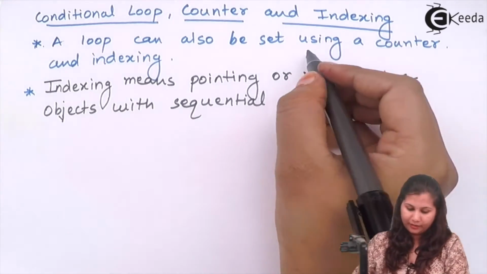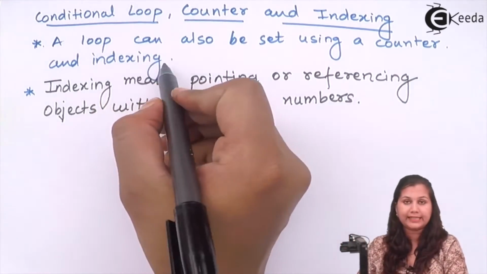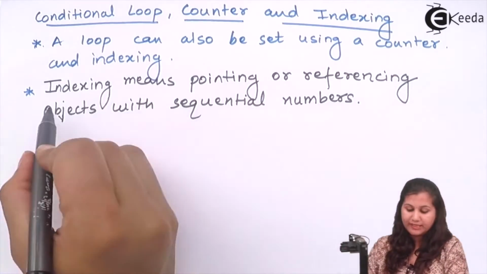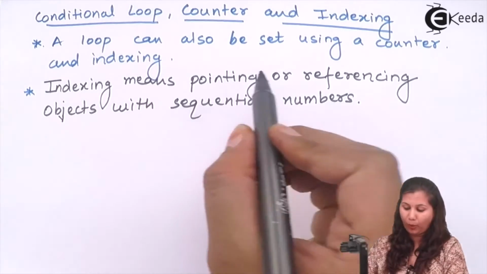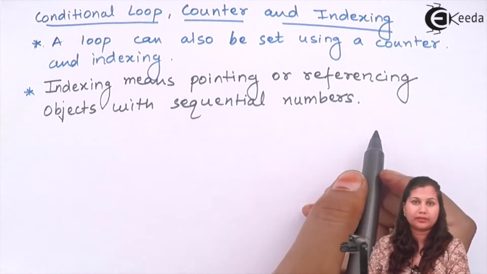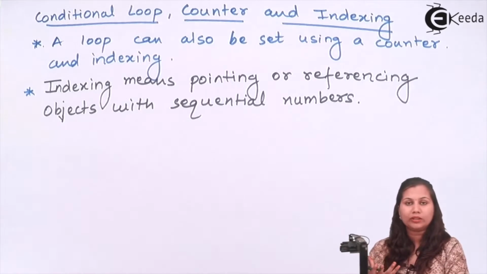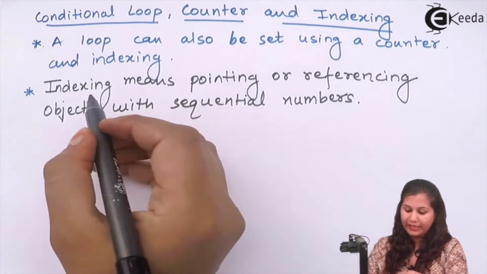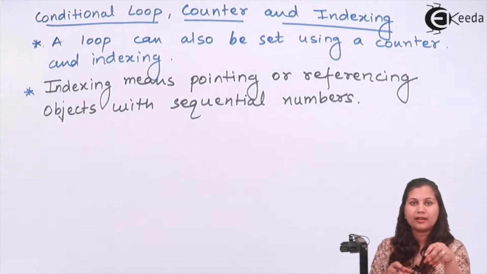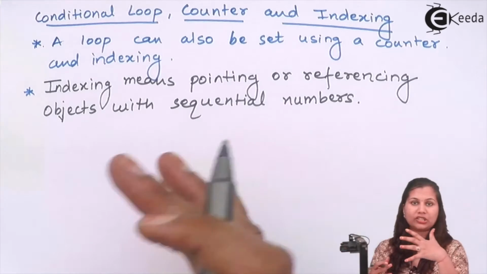So here we have the indexing technique which is being used with the counter. So what is indexing? Indexing means pointing or referencing objects with sequential numbers, because by counter we mean something which is counting a number. So indexing is pointing or referencing to the objects with sequential numbers.